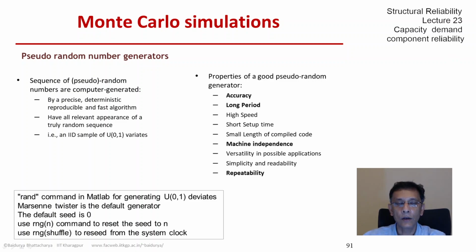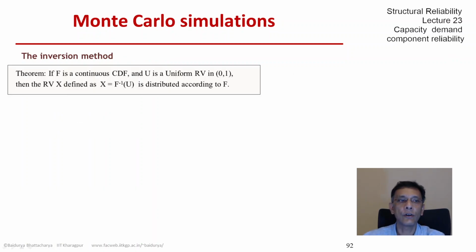There are various methods of generating random deviates from non-uniform distributions, and the inversion method is the most popular, and it's the simplest to use, and it's very general.